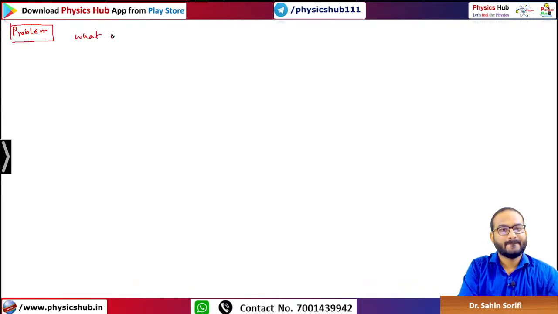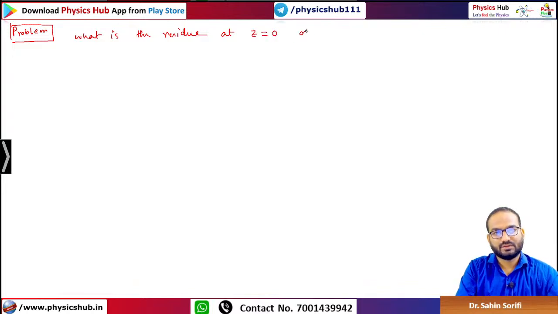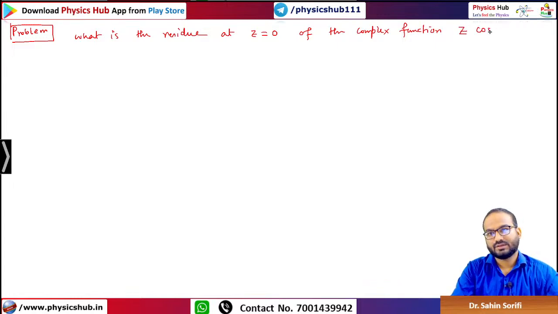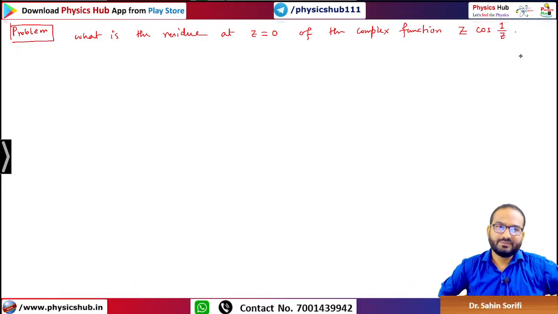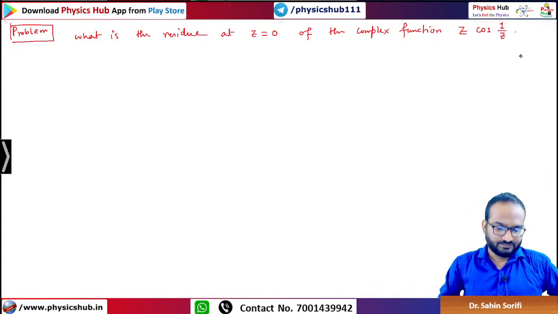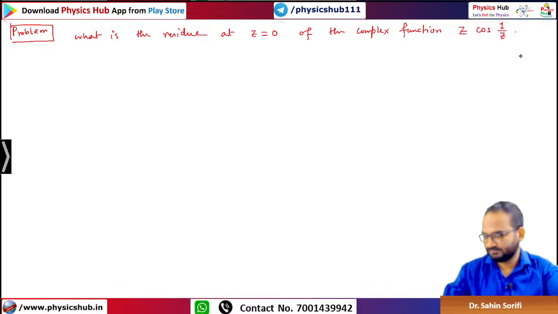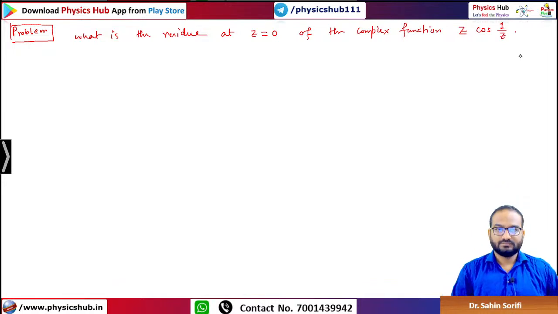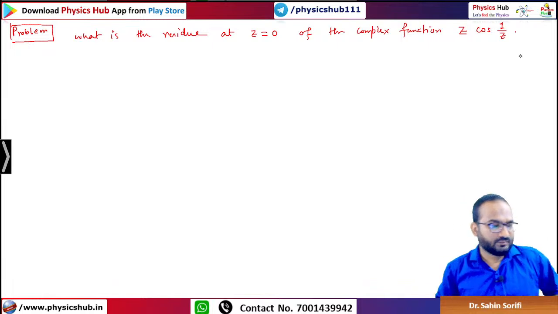What is the residue at z equals 0 of the function z cos of 1 by z? Can you tell me? Do it quickly and tell me what is the residue at z equals 0 of the complex function z cos 1 by z. What you have to do here?